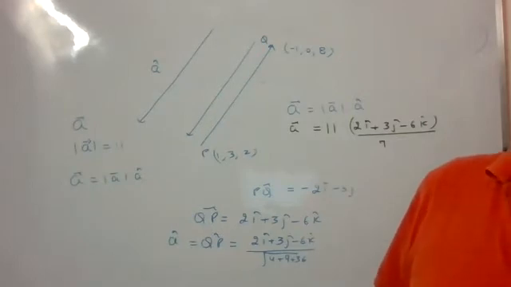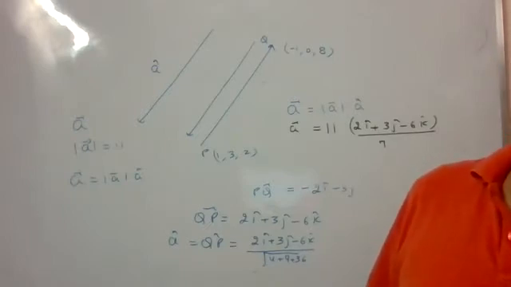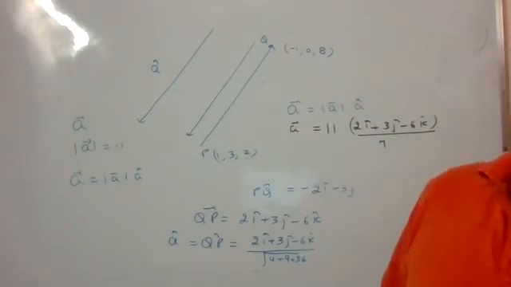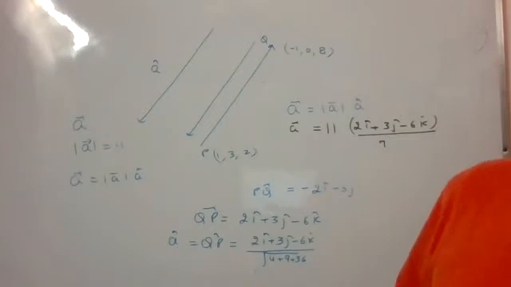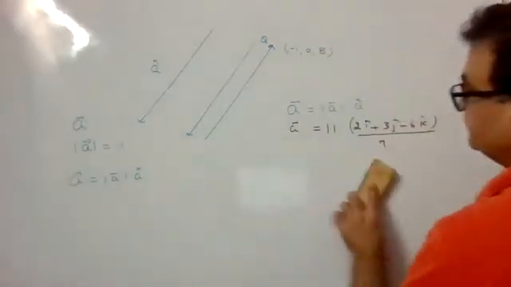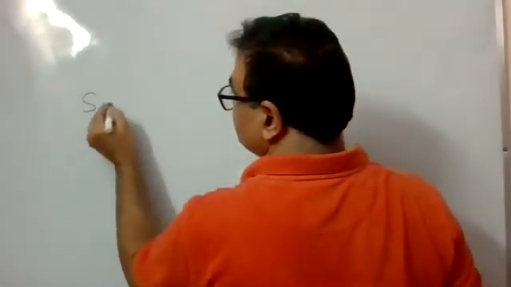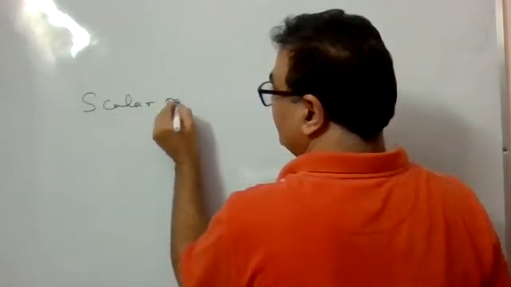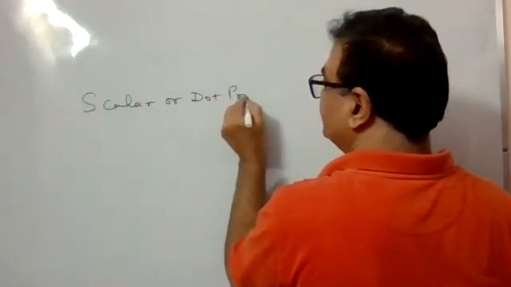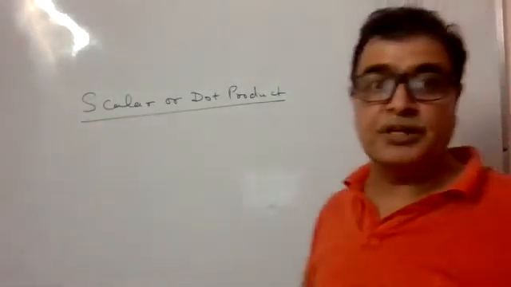Now coming next, that is cross product or dot product of the vector. So write down the first topic, scalar or dot product. First topic, we are taking scalar or dot product. Now first thing, what is the meaning of scalar?